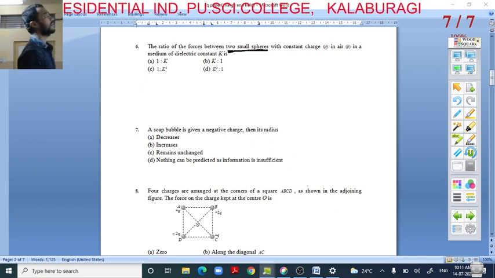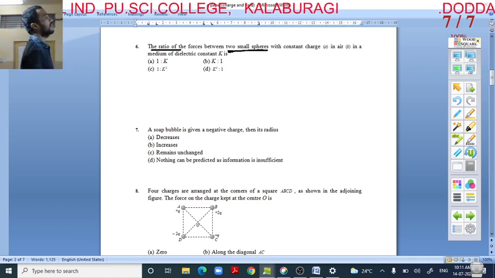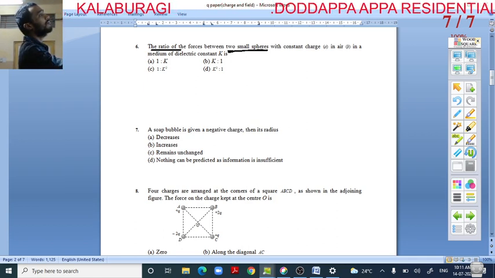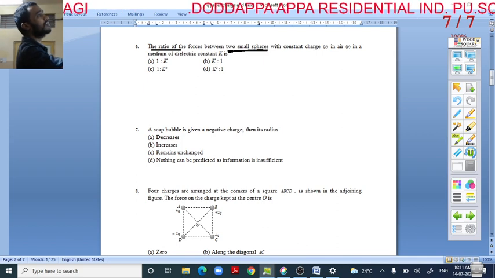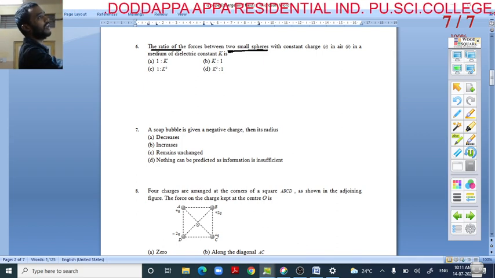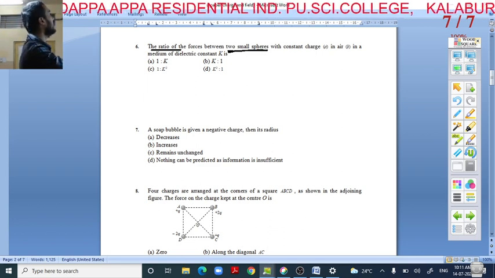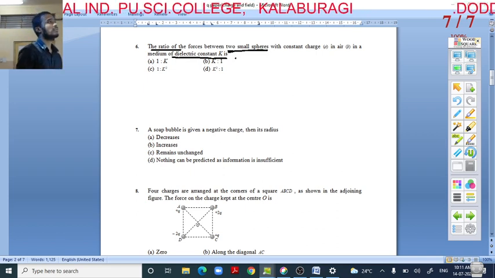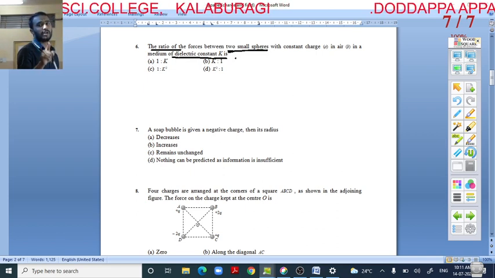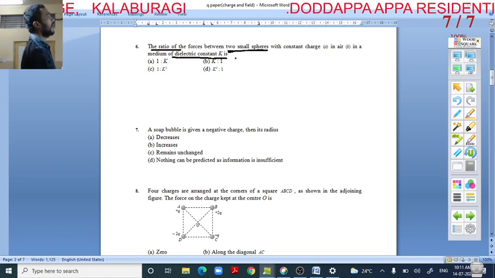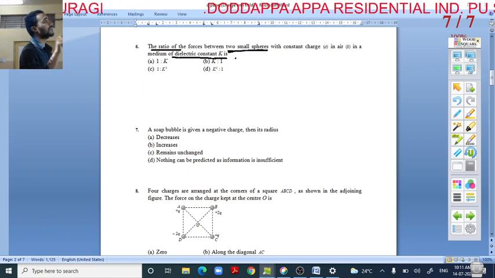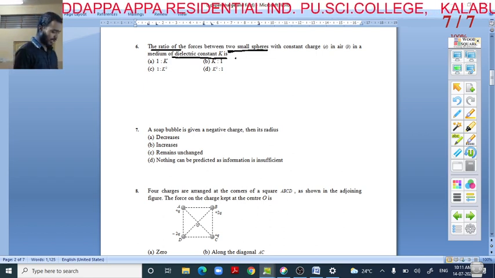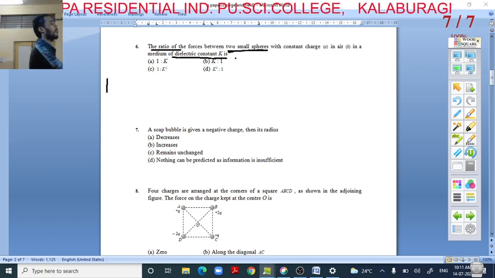Again, we are going to do ratio only, between the two small spheres with constant charge, first one in air, second one in a medium of dielectric constant K. First force we have to write in air, and second force we have to write for the medium present between the two small spheres. Right? Okay.